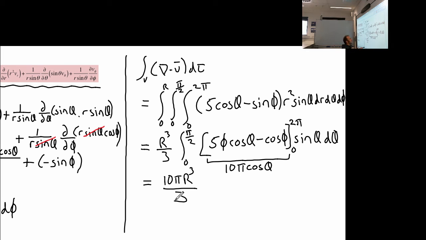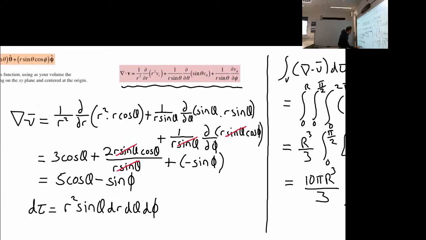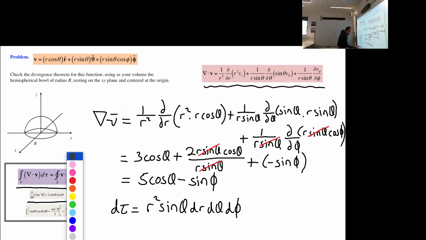And we're left with our integral between 0 and pi over 2 of sine theta cos theta d theta. When you work out the integral between 0 and pi over 2 of sine theta cos theta, what we get is a half.